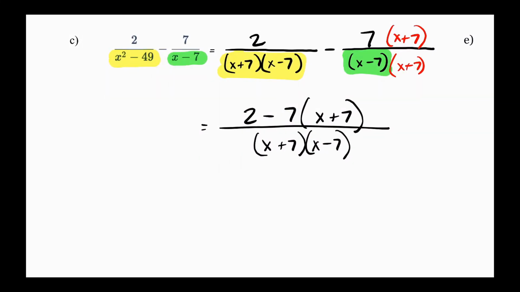So to simplify, all you have to do is the distributive property. So we have negative 7 times x, negative 7 times positive 7.